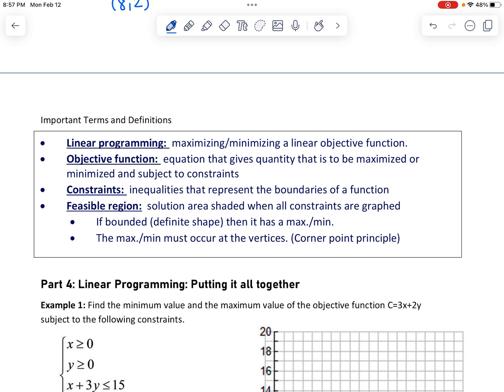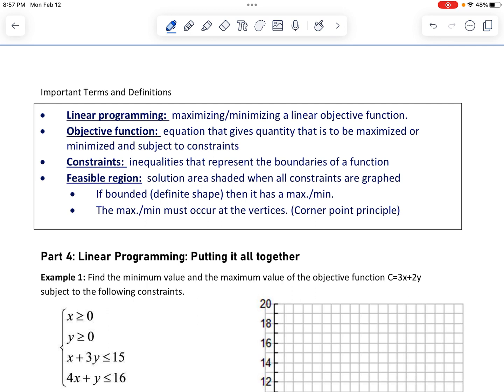So what we do is we take a lot of constraints and restrictions, we create some inequalities, and then we look for points that are a solution to all of the inequality restrictions that we have found. Then we use that to find a maximum. So this is very helpful for things like businesses who want to maximize their profit, but might have limited resources that they can use to create their product.